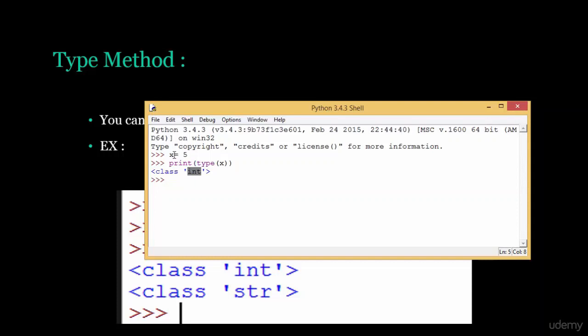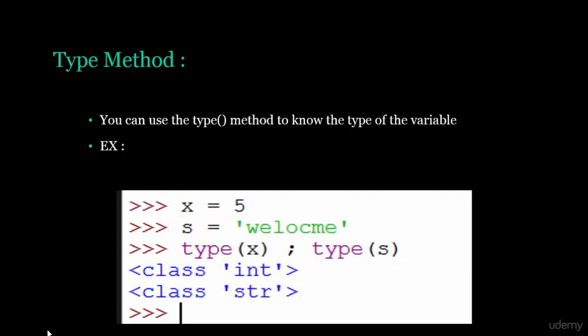So this variable is an integer. We can say c equal to Mahmoud Ahmad, my name. If I say type of c, we will see here class str, this is a string, and so on.